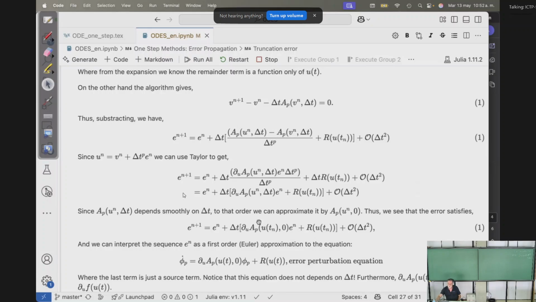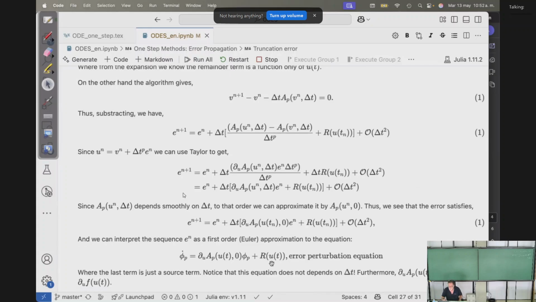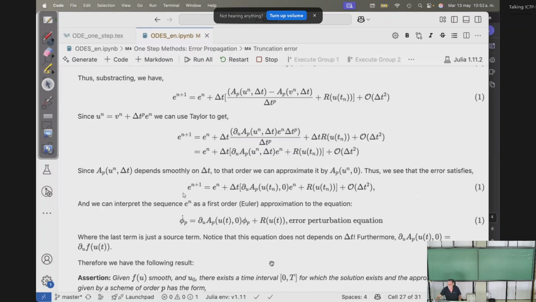Now all these steps when you take delta t equal to 0 are just f. This thing here is f of u at Tn. So this is the derivative of f at u equal to Tn. So you can say, okay, the error is evolving like an Euler approximation to this equation, right? If you have this equation, this will be the Euler approximation.